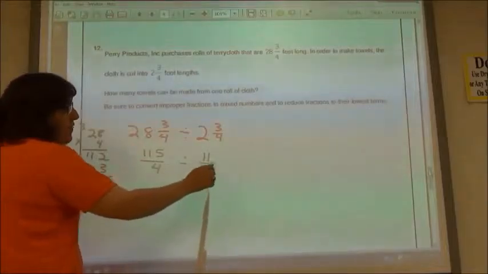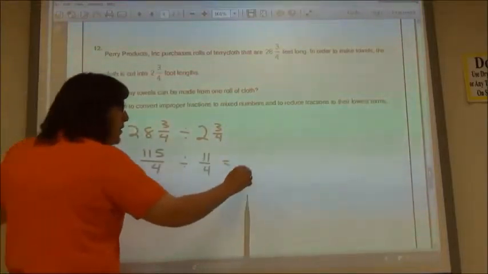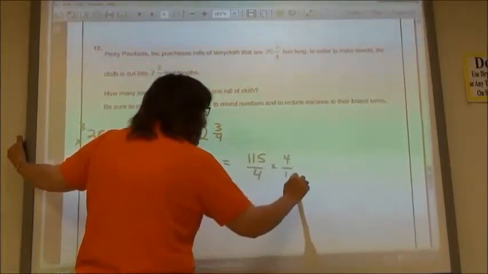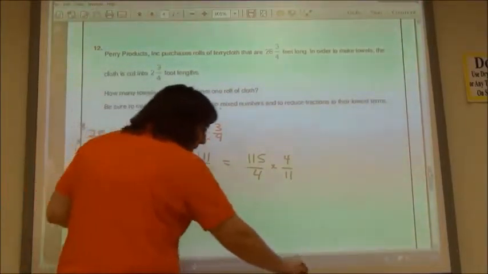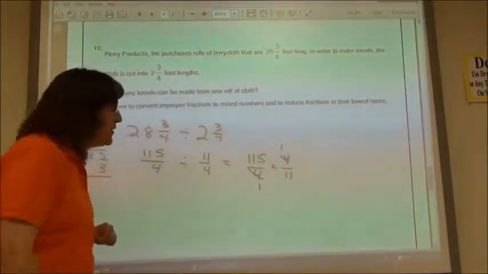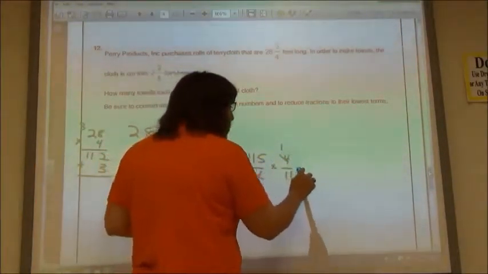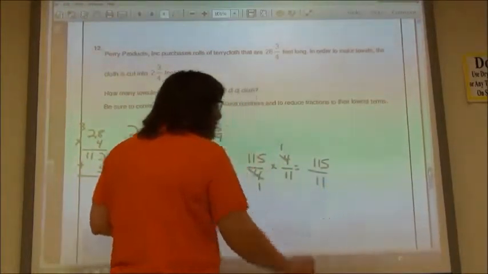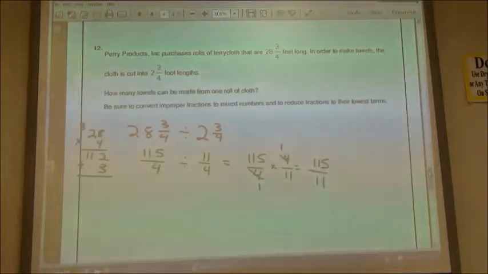And so since I'm dividing, I have to invert and multiply, so 115 fourths times 4 elevenths. I can reduce a little bit because 4 goes into 4 once and into 4 once. So 115 times 1 is 115. 1 times 11 is still 11. And so I have 115 over 11.